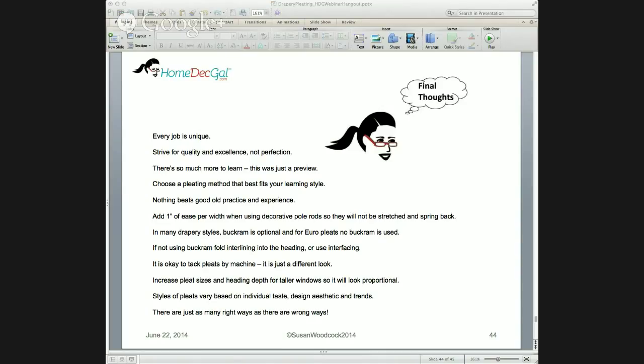For many drapery styles, buckram is optional. Like I showed you the silk panel, I didn't have buckram. And for Euro pleats, no buckram is used because the buckram will push forward and create sort of a little shadow line or a crease. Buckram does have great purpose, and that's in traversing draperies. You can crease the buckram.